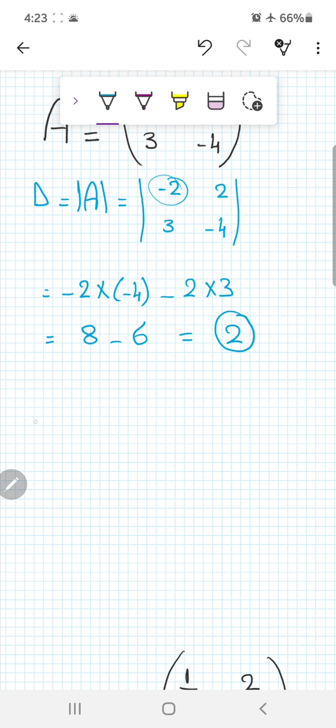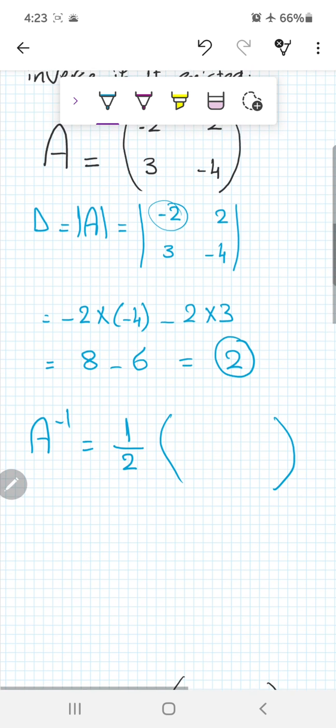So the multiplicative inverse here equals 1 over delta, which is 1 over 2. Open the matrix. Here exchange the main diagonal, so -4 will be here and -2 will be here. And change the sign of the other diagonal, so here will be -2 and -3.